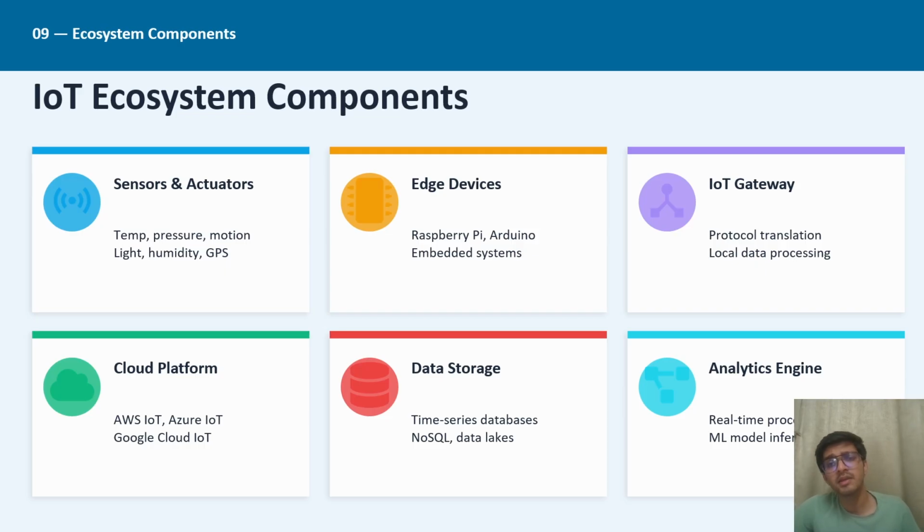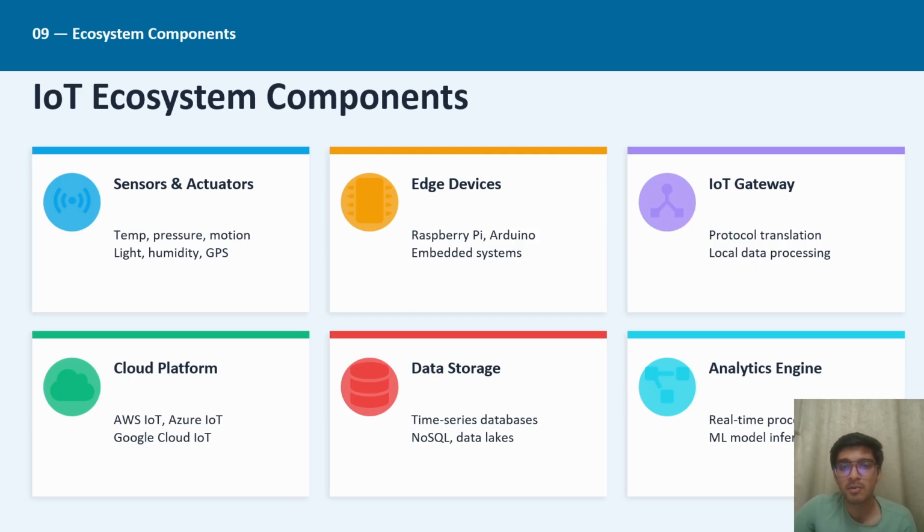Coming to the IoT ecosystem, the components of IoT. The full IoT ecosystem has six essential components. Sensors and actuators interact with the physical world. Edge devices like Raspberry Pi process data locally. Gateways bridge different protocols.